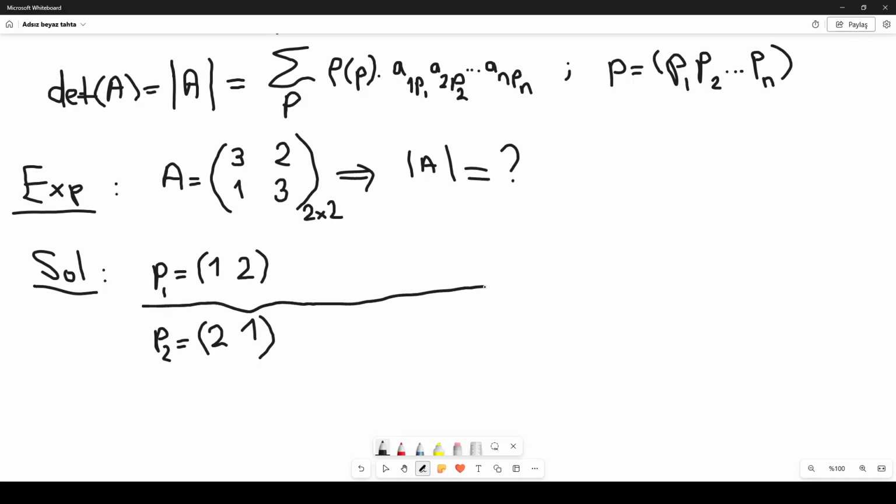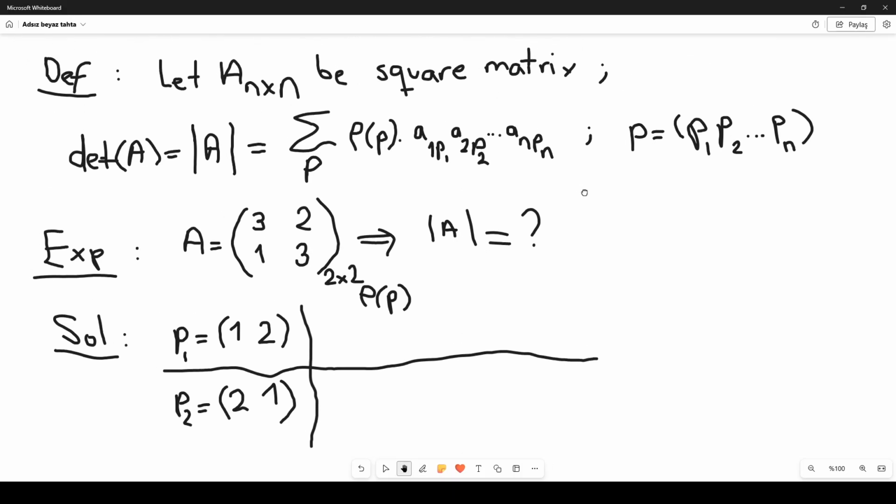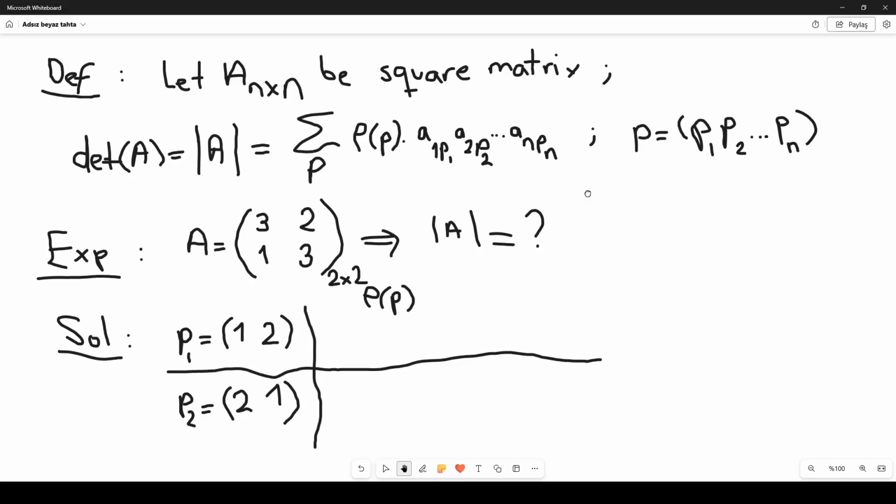This is something that we need to find first of all. And what else do we need to find? We now need to find their signs. Look at the definition of the determinant, guys. What do I need to compute the determinant by using the definition? Let's use red color.